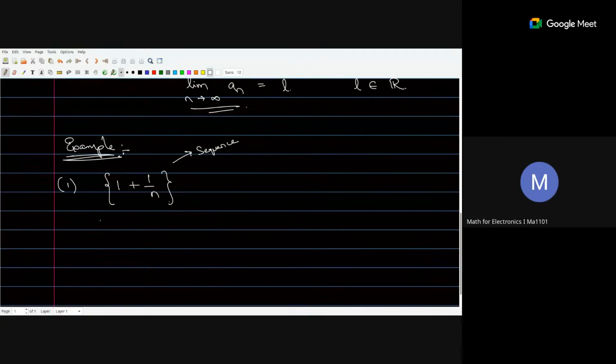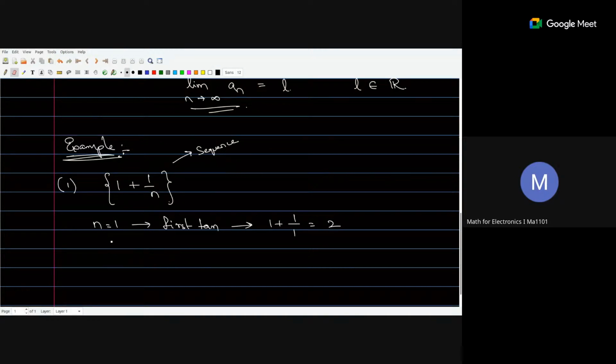So my first term, when n is equal to 1, will be 1 plus 1 by 1, which is 2. Okay. The second term is when n is equal to 2.